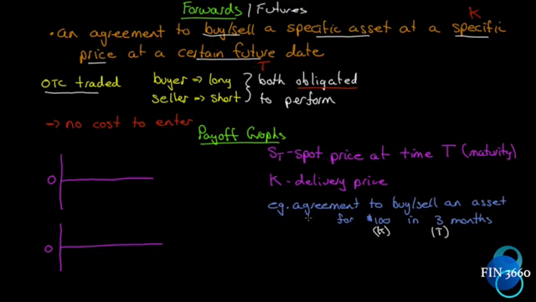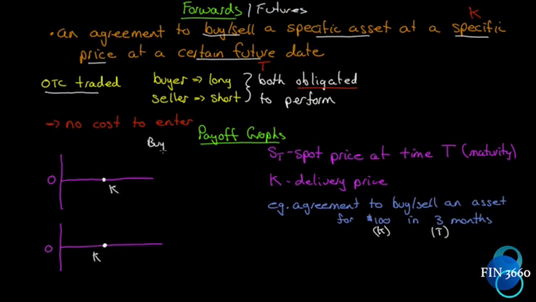So let's look at an example. An agreement to buy or sell an asset for $100 in 3 months. So T is 3 months, K is 100, so we can put K down here representing the buyer and the seller. Both are obligated to perform something at that $100 mark. So there is K in terms of the buyer, and here is K in terms of the seller.